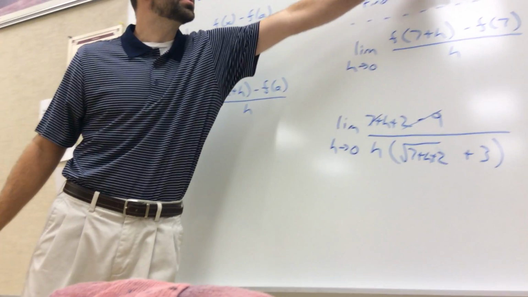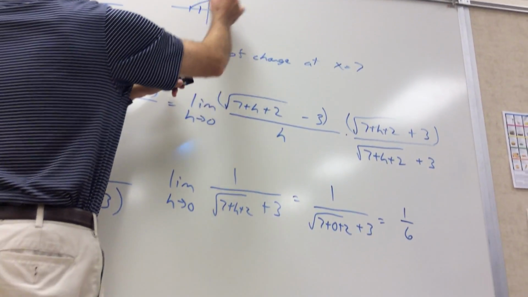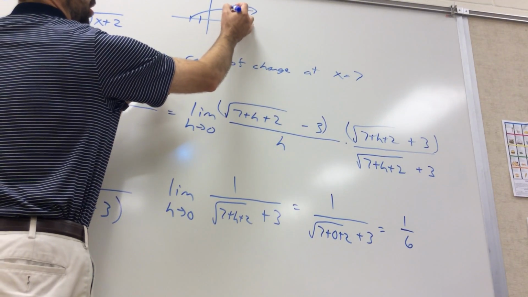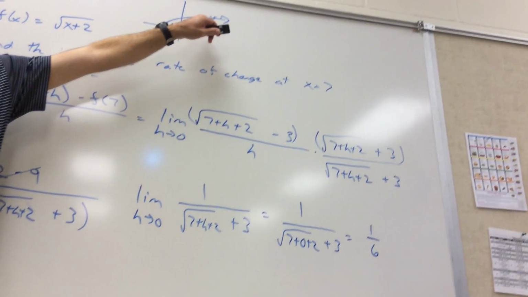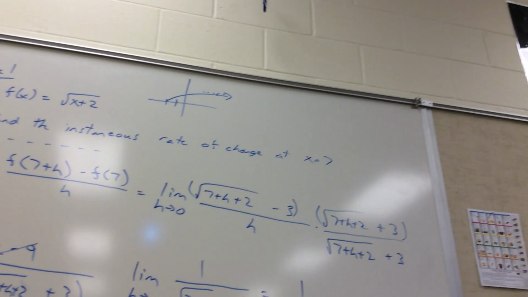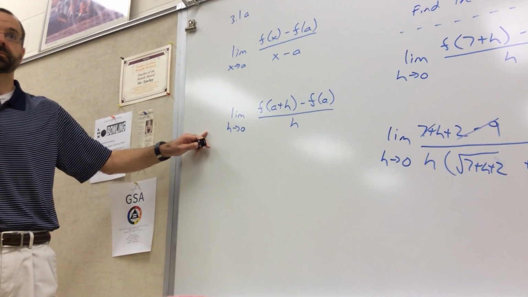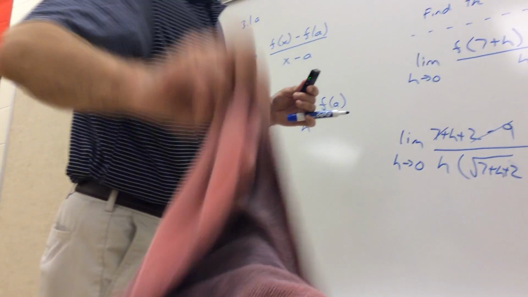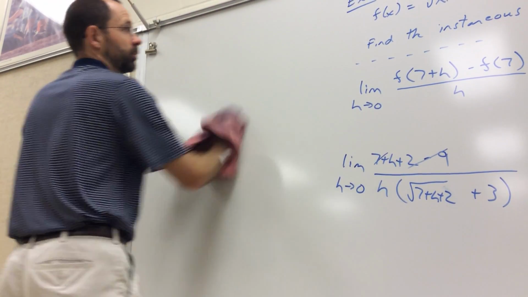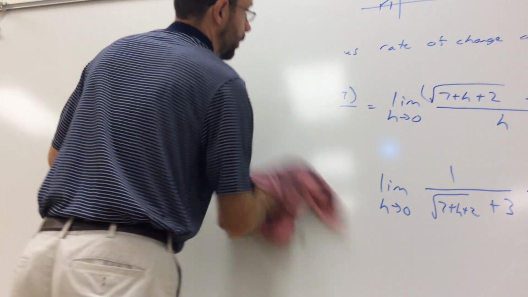So if I graphed this square root of x plus 2, at 7, the slope is 1/6. Okay. And when it asks for the slope of the curve, you can use either of these formulas.